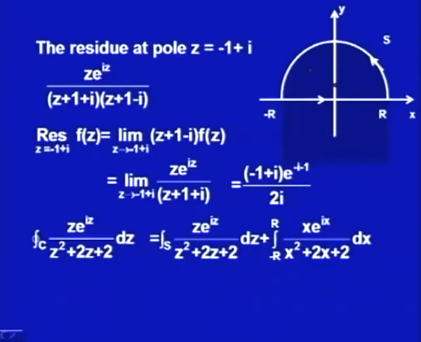Now, minus R to plus R is the real line, so I could make this parameterization, z equal to x, and we get x e to the power i x upon x square plus 2x plus 2. Now, this integral by the residue theorem should be equal to 2 pi i times the residue at z equal to minus 1 plus i of the function z e to the power i z upon z square plus 2z plus 2.